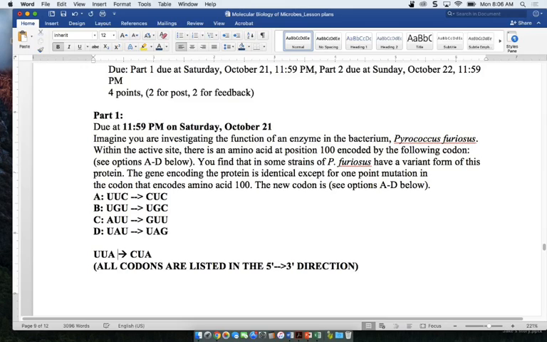What properties do they have in common? They have almost the same hydrocarbon tail. The only addition is this extra CH3 group, this extra carbon off of the isoleucine.